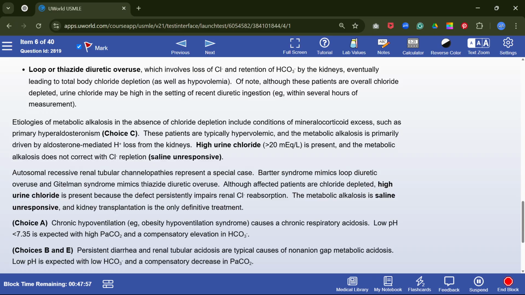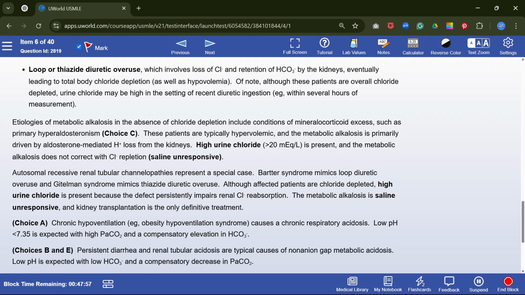And if bicarbonate is retained, like in alkalosis, chloride may be excreted to balance the charge. Got my point? It is happening for charge neutralization.